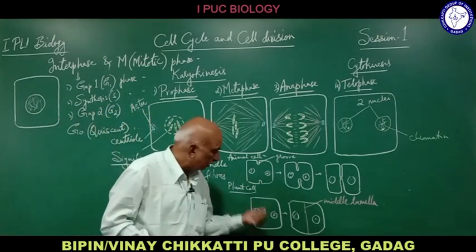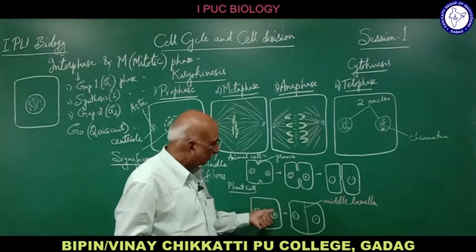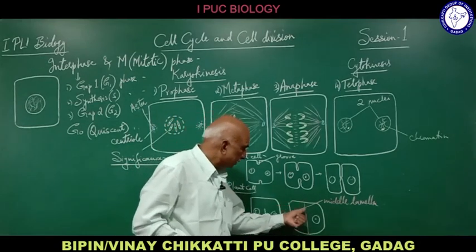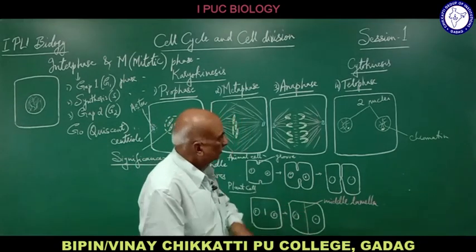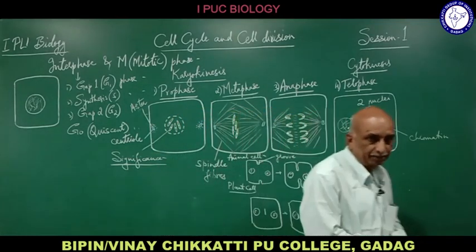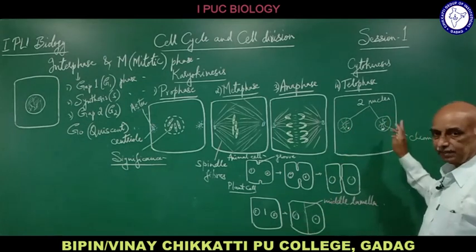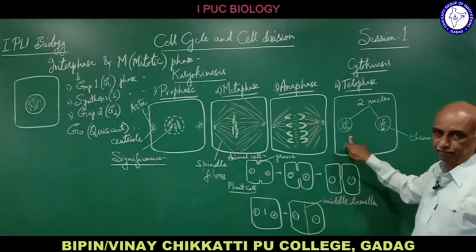Now, about cytokinesis, one more point. Cytokinesis means the division of the cytoplasm. Imagine if there is no cytokinesis after telophase, this remains as a single cell with 2 nuclei.